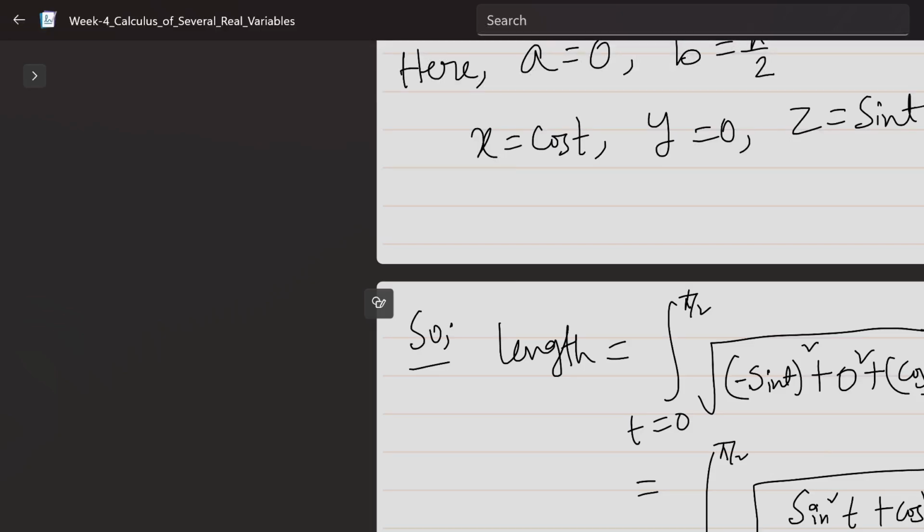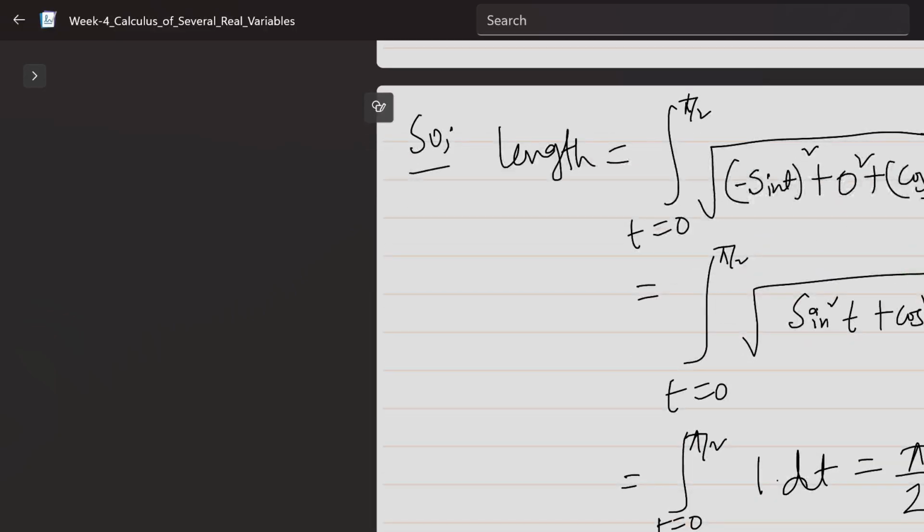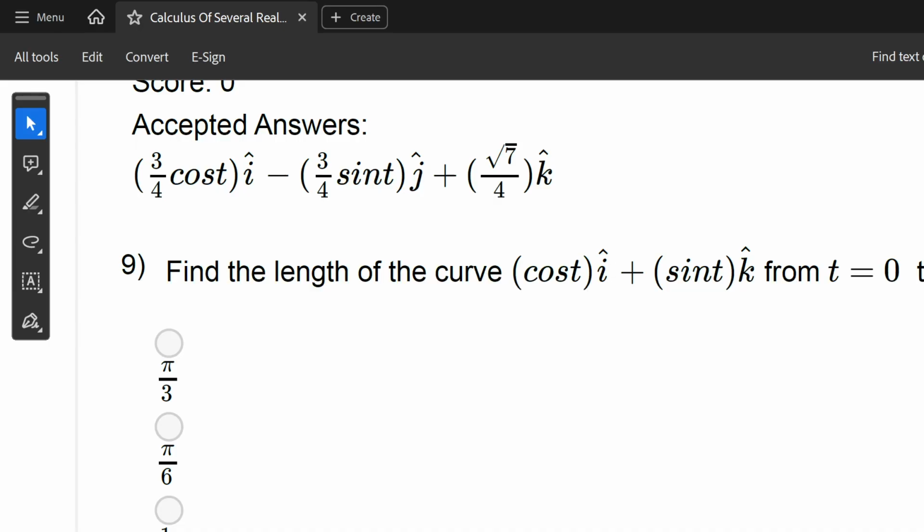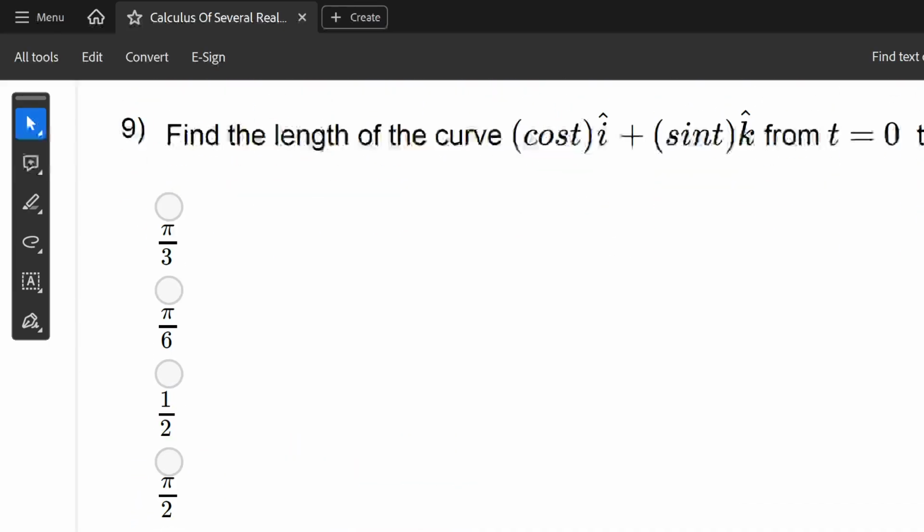So it is integral of 1 from 0 to pi by 2, that means pi by 2. Correct? Yes, this is the answer. Answer is option pi by 2, that is option D.